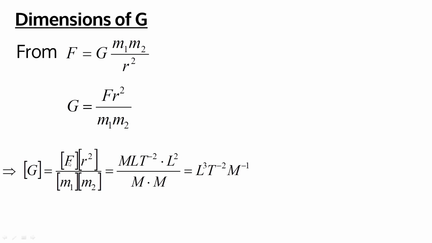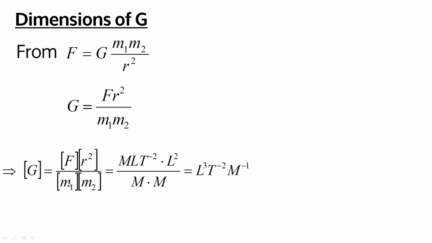The dimensions of force, remember this is mass times acceleration, so we have capital M, L T power negative 2. The radius, or the distance, between them is a length, so r squared is capital L squared.